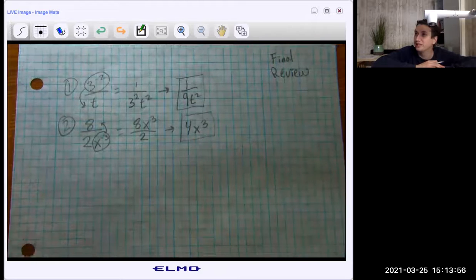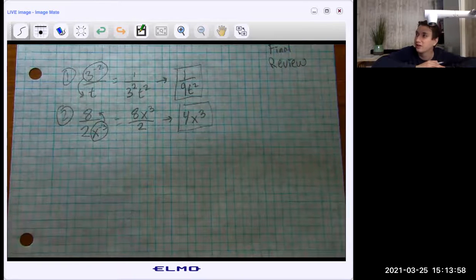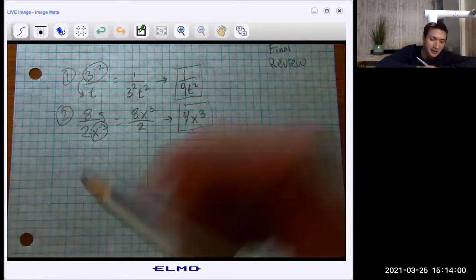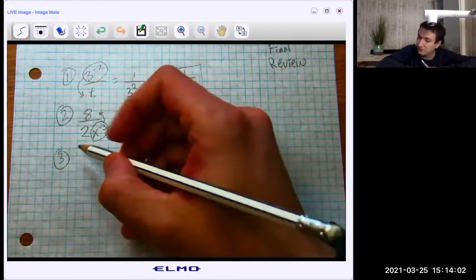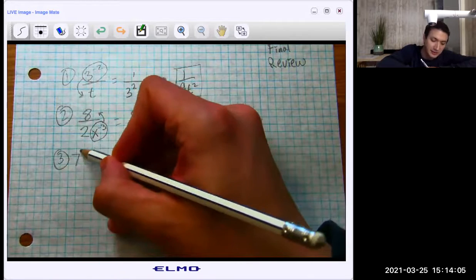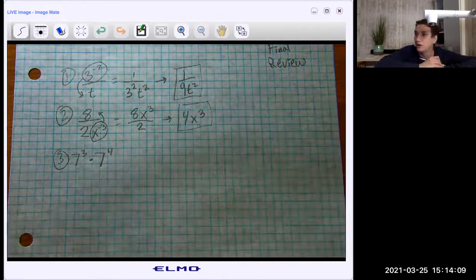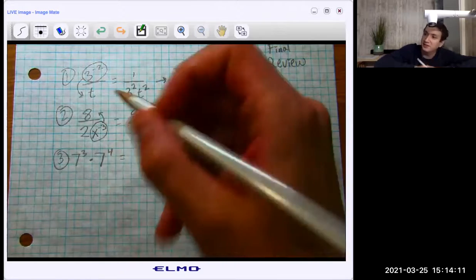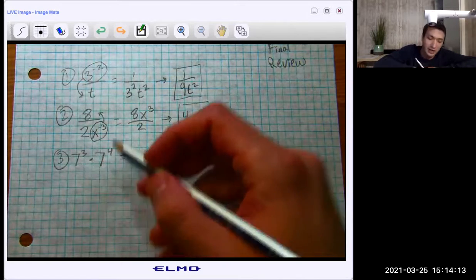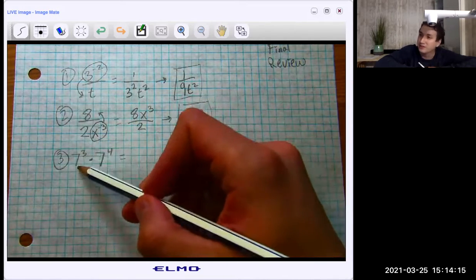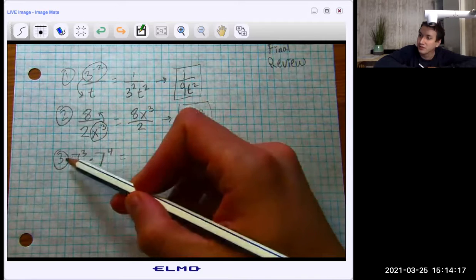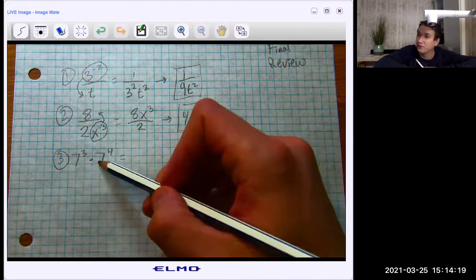So those are one set of problems that are causing us difficulty, the negatives. The next set look like this. Let's say we had 7 to the power of 3 times 7 to the power of 4. Well, when you're multiplying these, you can think about it as writing them all the way out. If I wrote out all the 7s, this would be 3 7s, so 7 times 7 times 7, and this would be 4 of them.